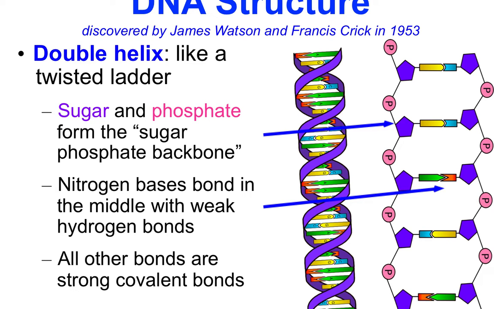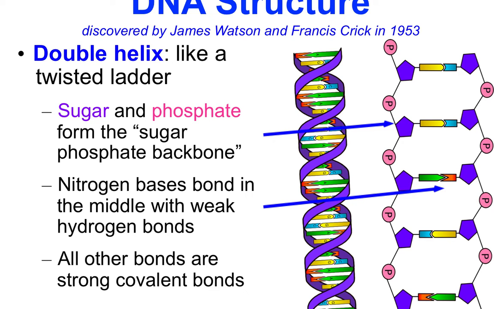Even though it was a woman, Rosalind, who sacrificed her own well-being through using radiation and X-ray technology and discovered that it was helical in structure. It was actually Watson and Crick who took modeling pieces, put it all together, and solved it as a double helical structure, and so they received the Nobel Prize and, of course, credit for the DNA structure.